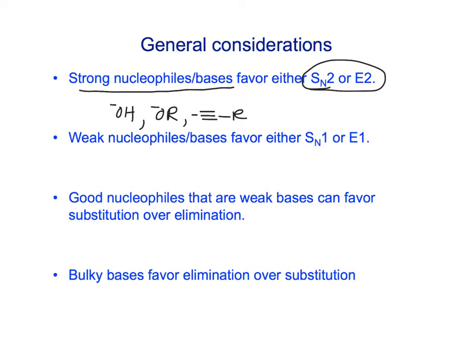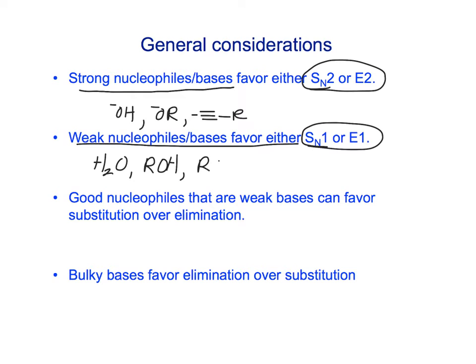So this is the conjugate base to an alkyne. Weak nucleophiles or bases favor either SN1 or E1. And so weak nucleophiles and bases are things like water or alcohols, or maybe in some cases carboxylic acids.